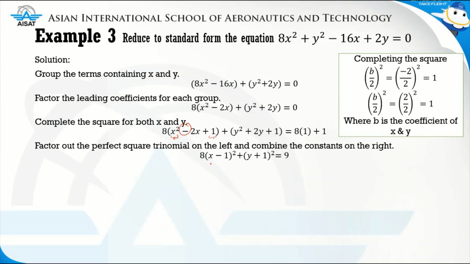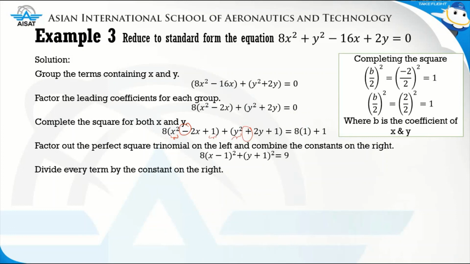So you have 8 times (x minus 1) quantity squared plus, on the next group, to factor this out, you get the square root of y squared, which is y, square root of 1, which is 1, and copy the sign of the middle term. So you have (y plus 1) quantity squared. And on the right, you'll have 8 times 1 is 8 plus 1, you get 9.